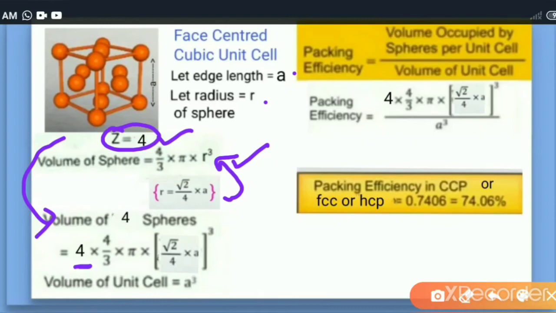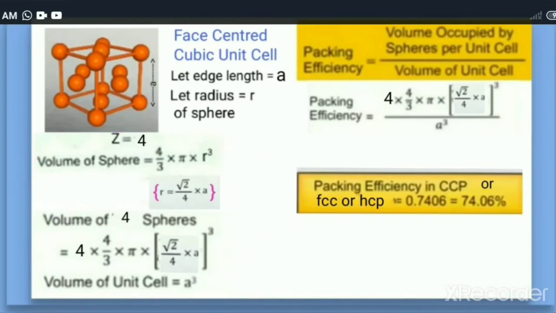So the value of R is substituted here, and we are getting this equation. And we know that the unit cell is a cube, therefore the volume of the unit cell means the volume of the cube, that is A to the power 3.